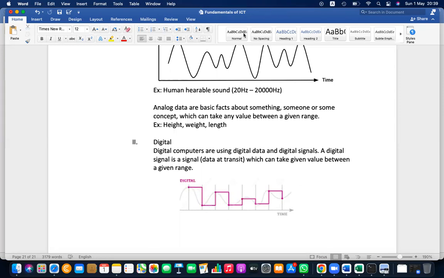So let me draw that. These two axes as well as the purple color line is enough. This is the time axis and this is the amplitude axis. No need to write digital, you can just say amplitude and time. This is time.